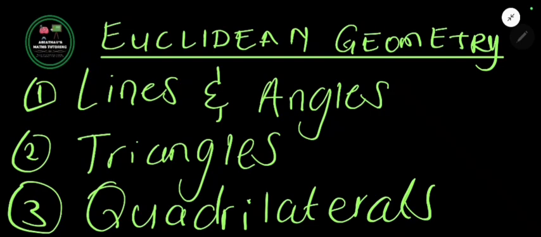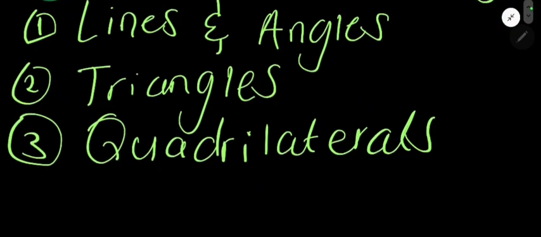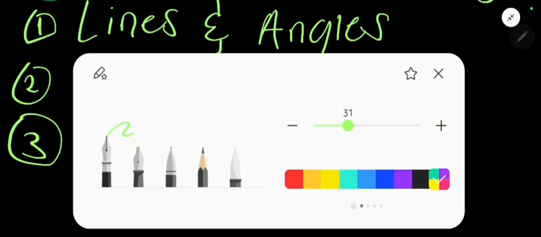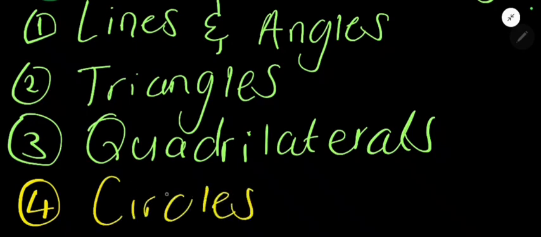So lastly, this is what we are going to learn, myself and you. Number 4, we are going to learn about circle theorems. In grade 11, we learn a lot of circle theorems.